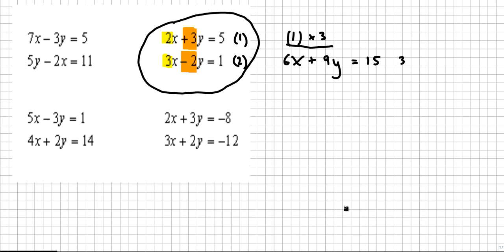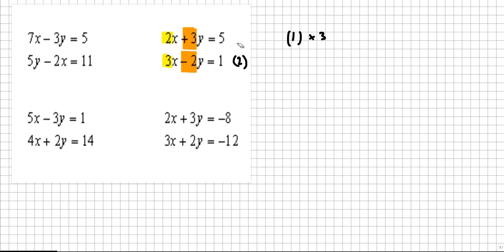Let's not write out the other equations. We can just have a quick look at them and see how we could balance these simultaneous equations. Here we have 5, 4, and the y coefficients are minus 3 and plus 2.